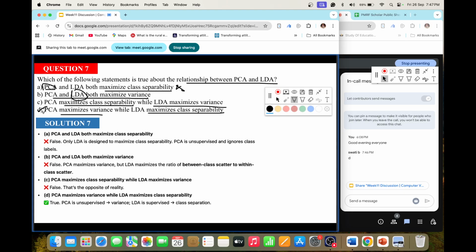So B is also wrong. PCA maximizes class separability, LDA maximizes variance is reversed. So option D is the correct answer. PCA is unsupervised, meaning it does not relate to any class. LDA is supervised, it does class separation. So option D is the correct answer.